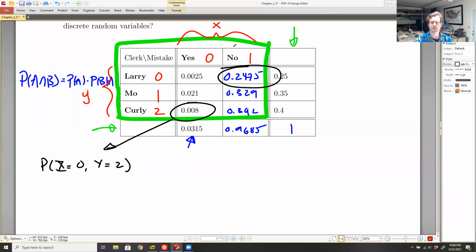So just as another example, this probability is the probability that the random variable x takes on the value 1 and y takes the value 0.